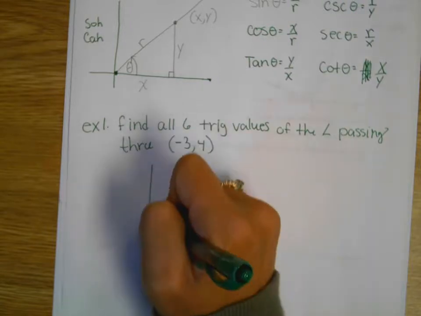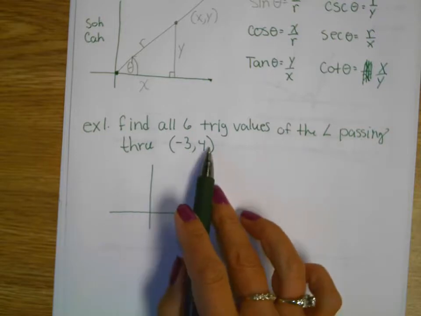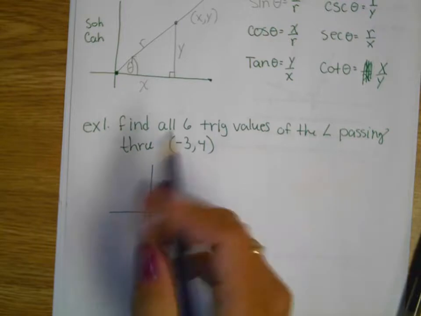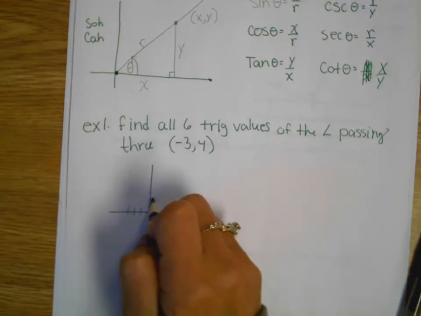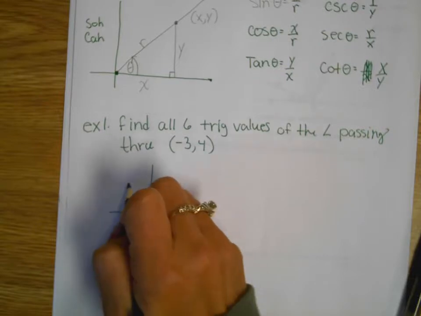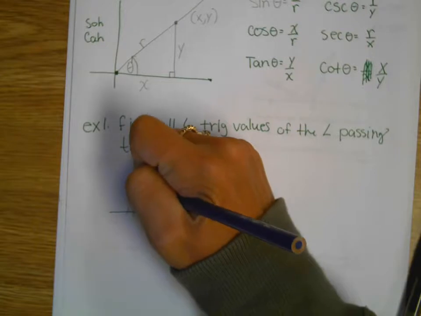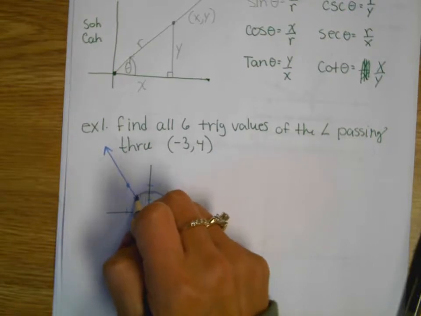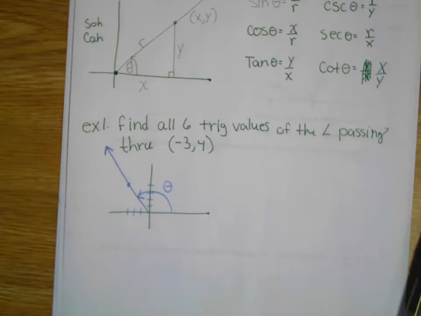All right. Here we go. So we got to plot the point -3, 4. 1, 2, 3. So our angle theta rotated always from the positive x-axis over to this ray that passes through that given point.